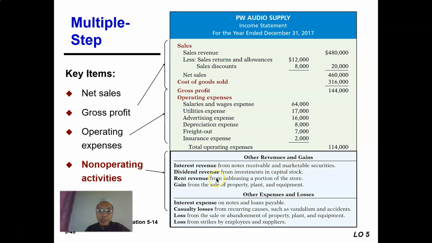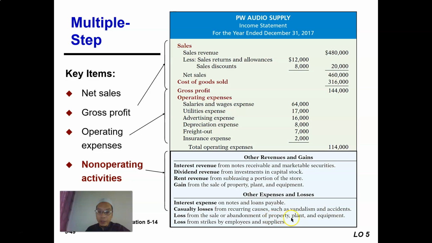Rent revenue, if they lease or sublease a portion of their store, and gains from property, plant and equipment are also other revenues. Examples of other expenses and losses are interest expense, which I mentioned before, and casualty losses from recurring causes such as vandalism and accidents. These are not part of the normal operating expense.